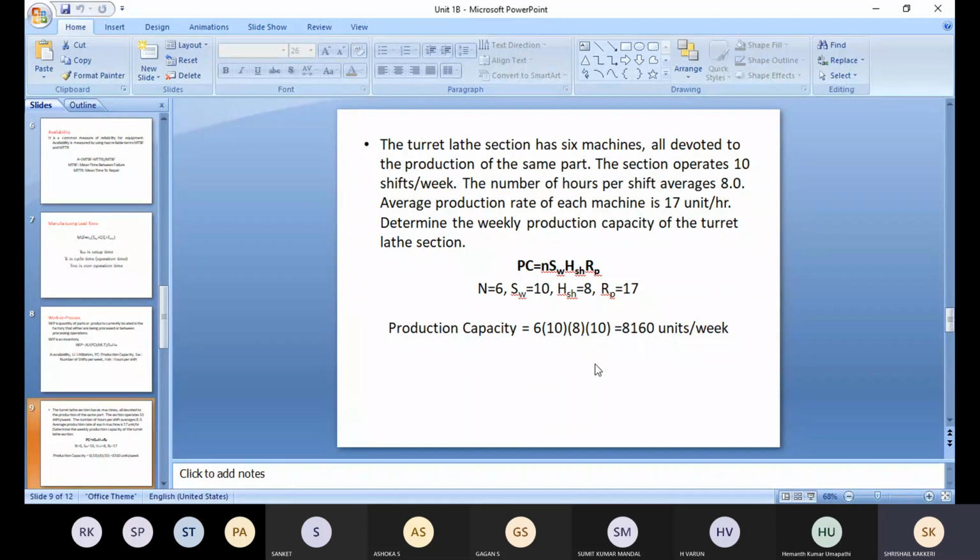That means SH is 8 and the production rate for each machine is 17 units per hour. That means the rate of production is 17. Definitely the production capacity is N SW SH RP, which is equal to 8,160 units per week. Kindly go through this. If any problems are there, please ask me. These are the types of problems you will be coming across.